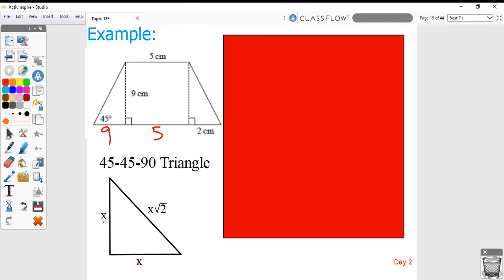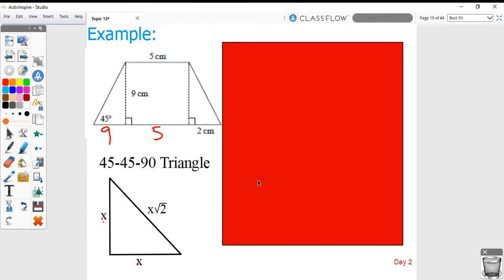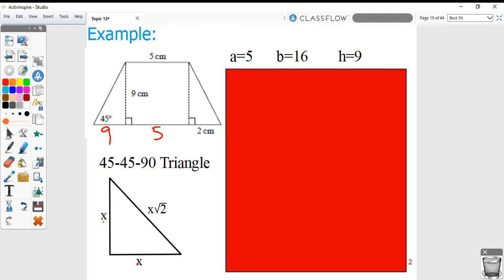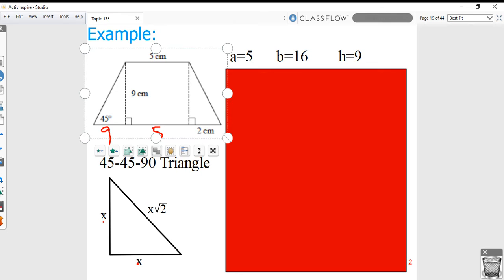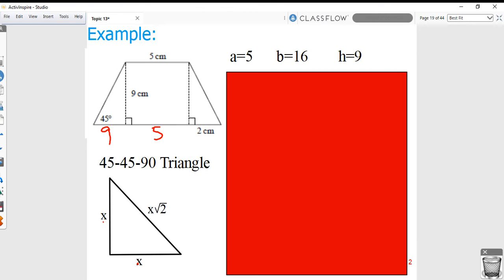So, when we get all of our values plugged into our formula, we've got one base is 5 up at the top. We've got one base that's 9 plus 5 plus 2, all spread across the whole bottom there, so it's 16. And the height it already gave us was 9.